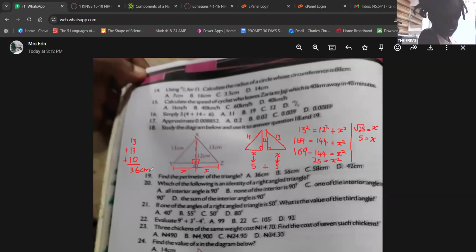They wrote 18 and 19, but it's only number 19 now. Is there any real question in number 18? No, sir. So you can see there's not really a question in number 18.